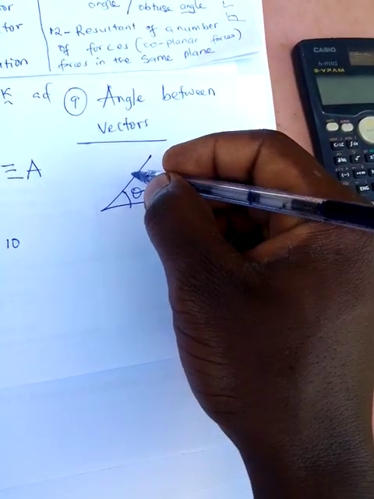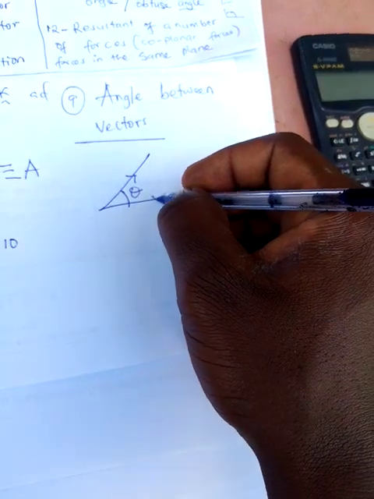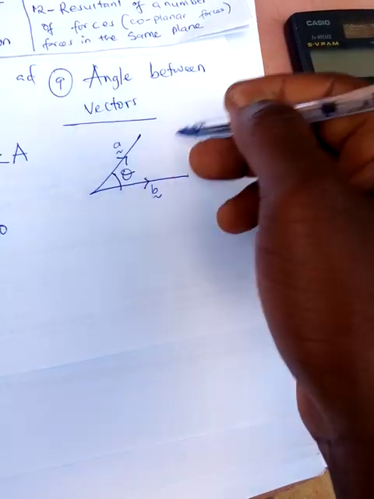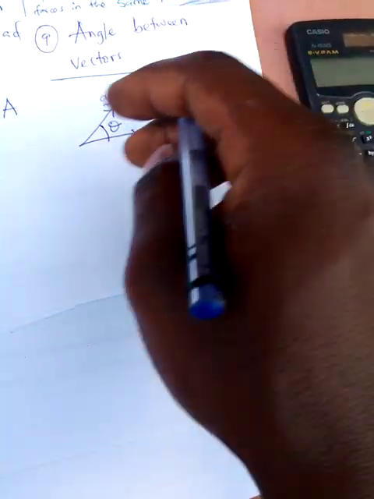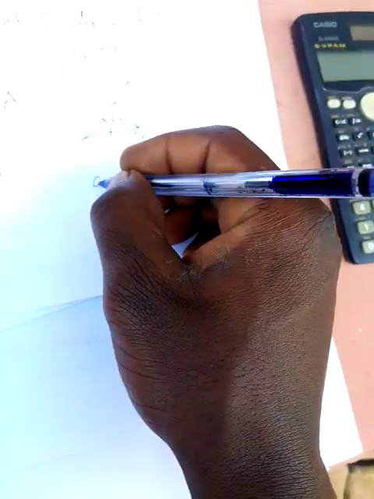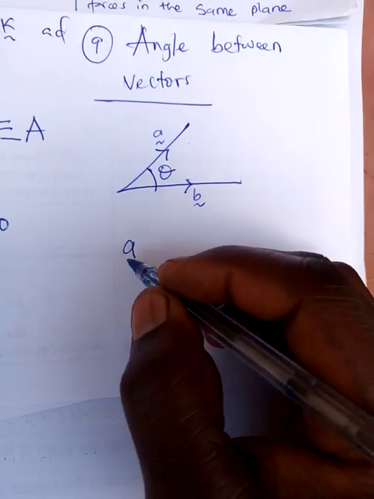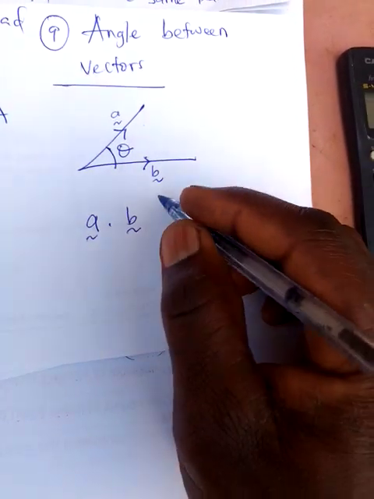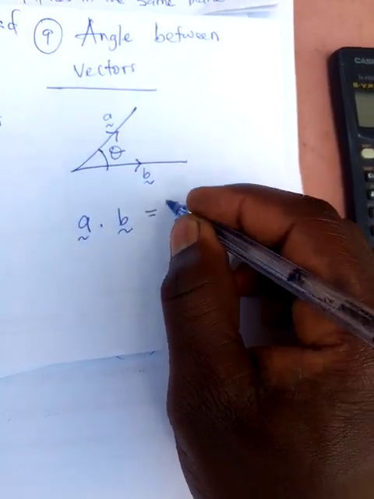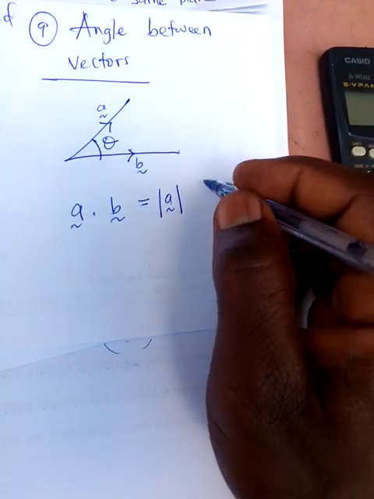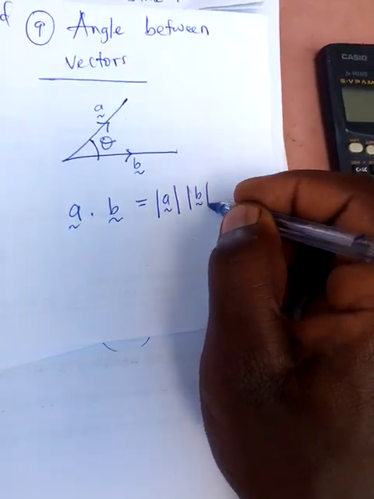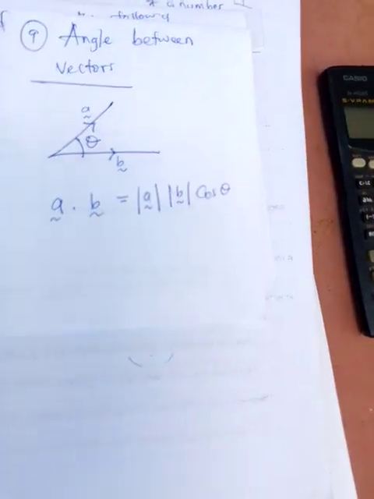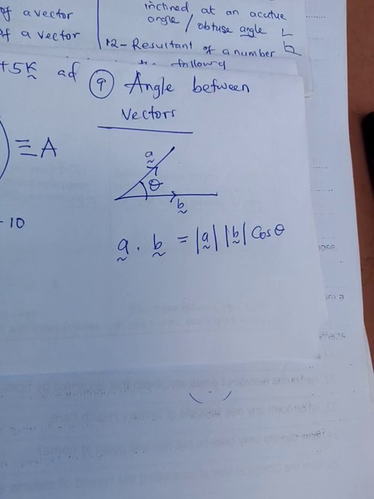If theta is an angle between vector A and vector B, this is acute angle. Then using dot product, you will say A dot B will be the same as A magnitude times B magnitude, then cos of the angle between them.